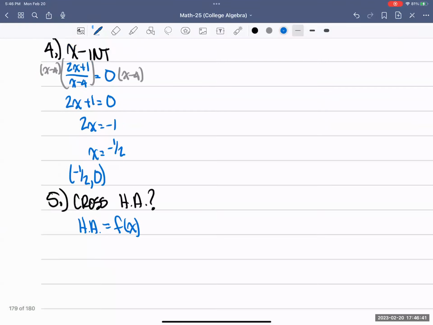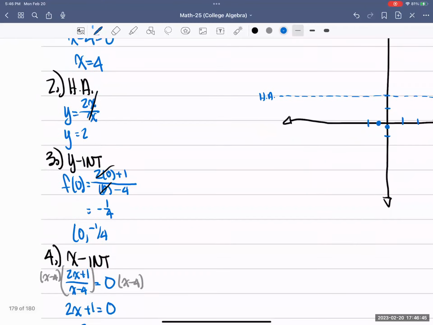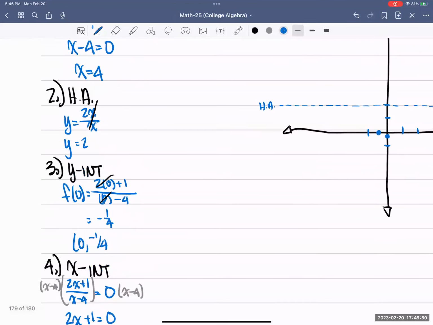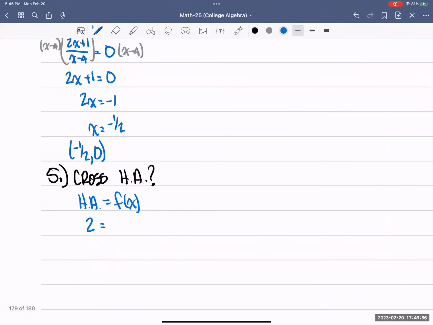So here our horizontal asymptote was y equals 2. So y equals 2 is equal to the function itself, 2x plus 1 over x minus 4. And let's see what we end up getting. So multiply both sides by that denominator.